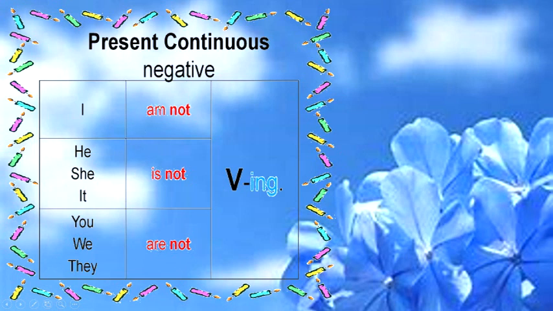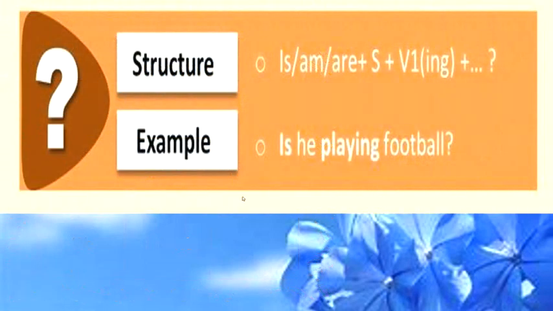Children, is, am, are, they are the helping verbs in present continuous tense. Okay? And we use verb first form and ing. Now let us see how do we make interrogative sentences.